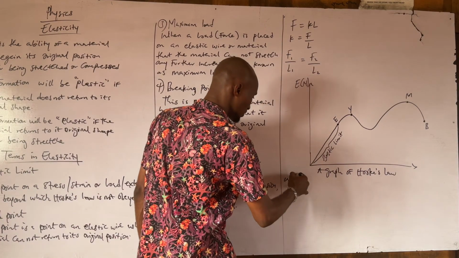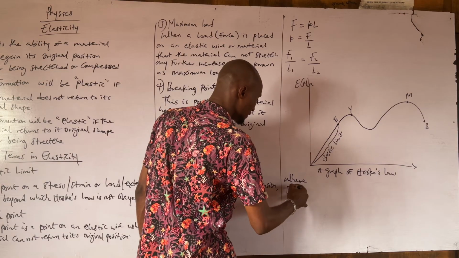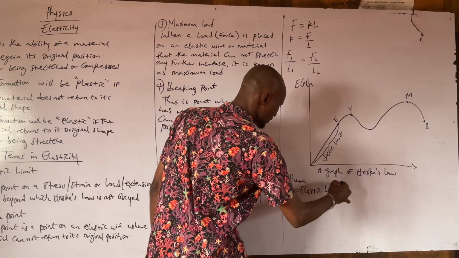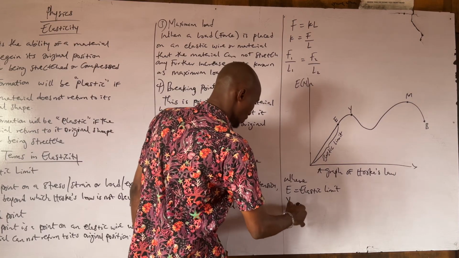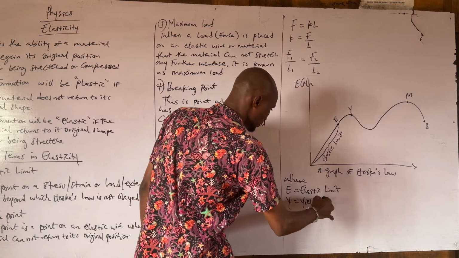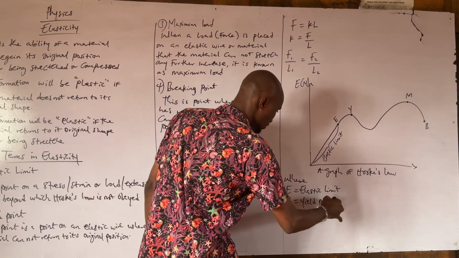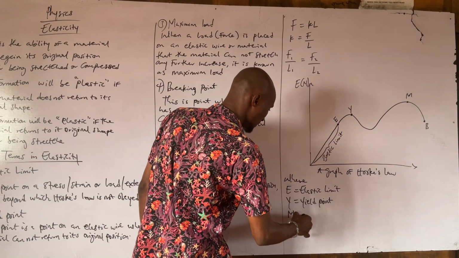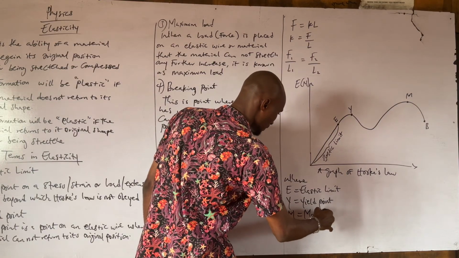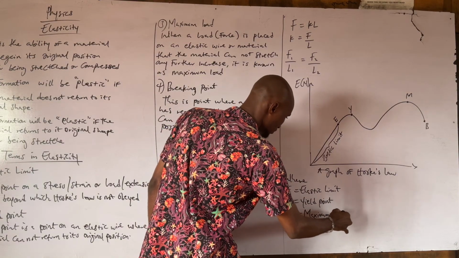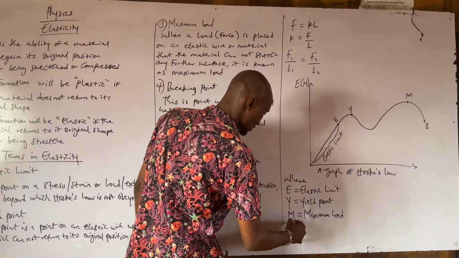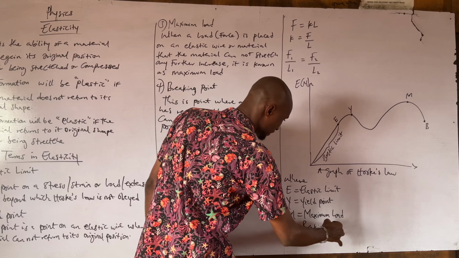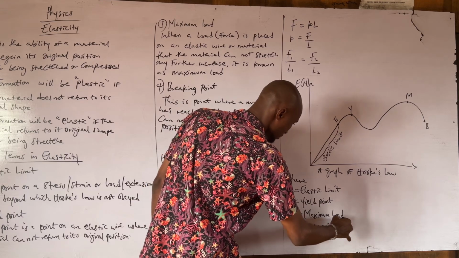Where E is equal to elastic limit, Y is equal to yield point, M is equal to maximum load, and B is equal to breaking point.